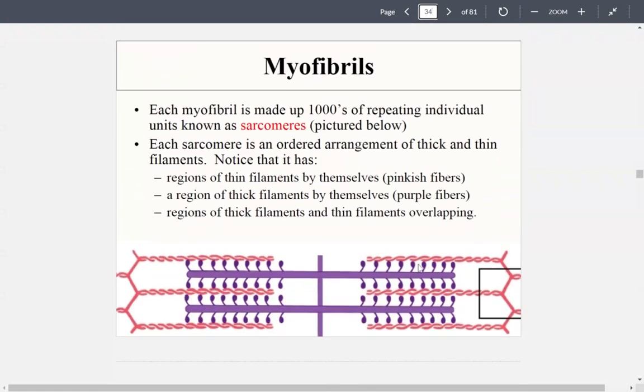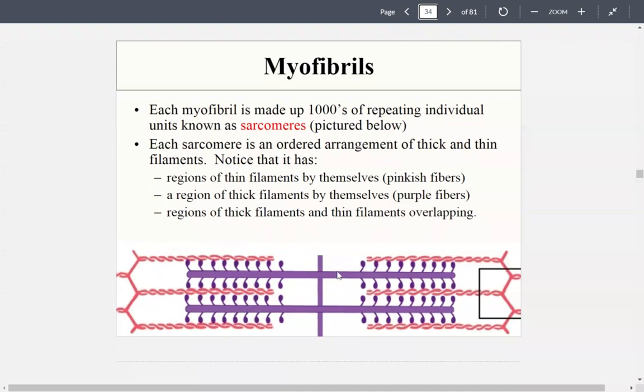All right, myofibrils. Each myofibril is going to be made up of thousands of repeating individual units known as sarcomeres. Sarcomeres are the functional unit of the muscle cell. This right down here is an artistic rendering of a sarcomere. Each sarcomere is an ordered arrangement of thick and thin filaments.